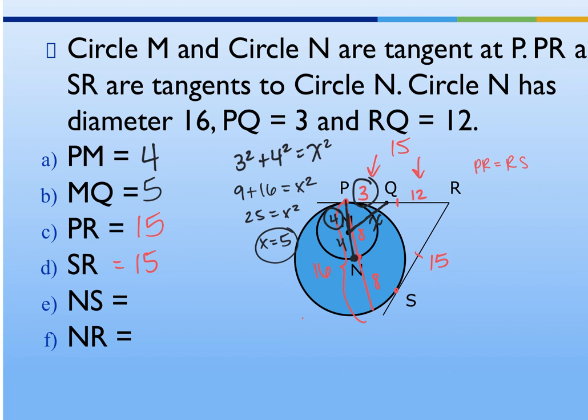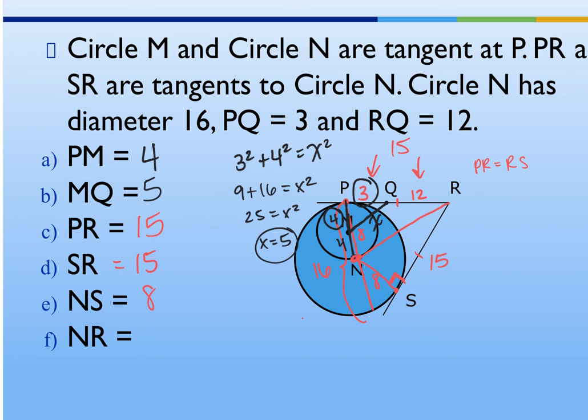What would NS be? 8. Good. It's just another radius of that larger circle, which is 8. And what would NR be? 17. How'd you get that? Because one side is 8 and then the other one is 15. That's the Pythagorean theorem. Very good.